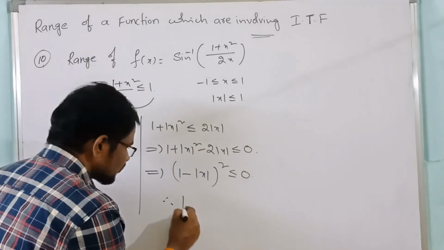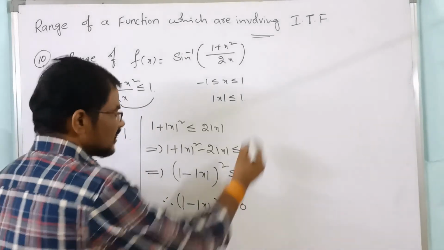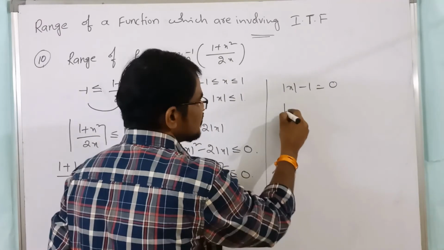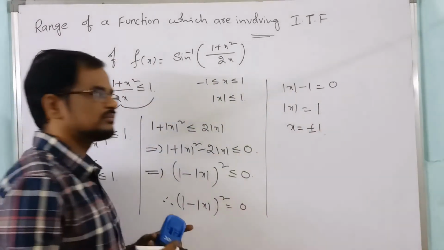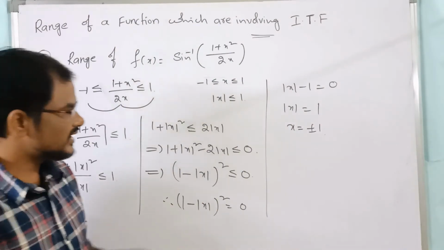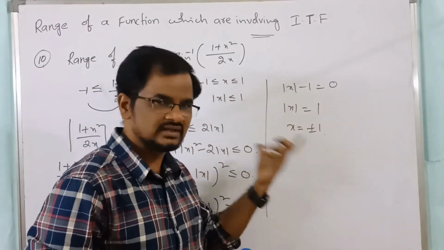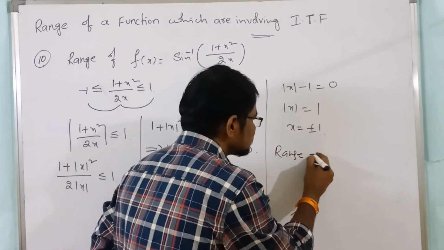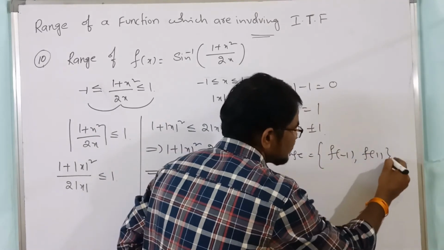So therefore (1 minus mod x) whole square equal to 0 means mod x minus 1 equal to 0. So mod x equals 1, so x equals plus or minus 1. So x values are plus or minus 1.